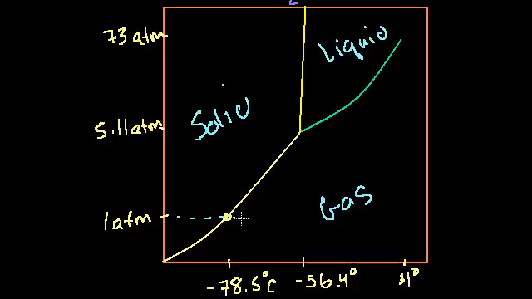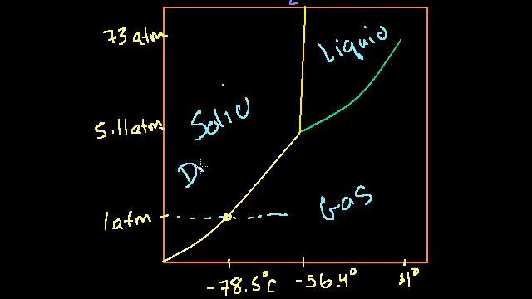So at 1 atmosphere, let's say you live at sea level, let's say you're in New Orleans, I guess it's a little bit below sea level. That's where I grew up. If you were able to get your fridge down to minus 80 degrees Celsius, the carbon dioxide would actually freeze. And you're actually not too unfamiliar with that, if you've gone to some event where they use it to make smoke machines or visual effects on stage.